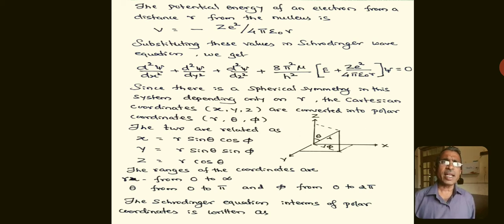Since there is a spherical symmetry in this system depending only on r, the Cartesian coordinates x, y and z are converted into polar coordinates r, theta and phi. The two are related as x is equal to r sin theta cos phi, y is equal to r sin theta sin phi and z is equal to r cos theta.